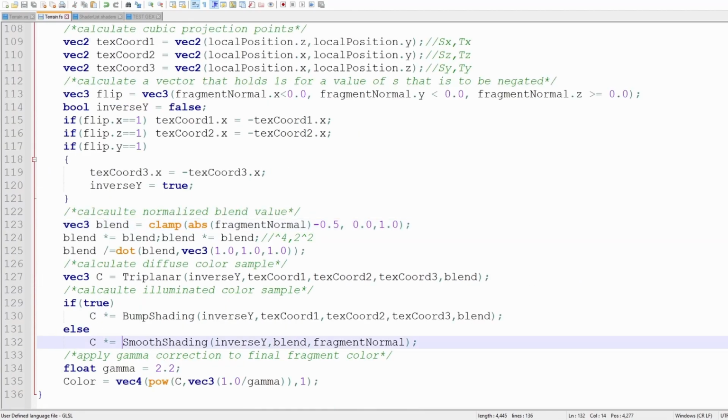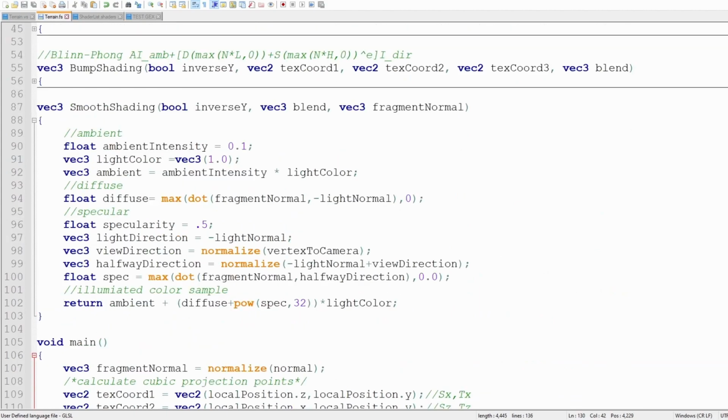So first we're going to look at smooth shading, since this is the base of the bump shading, which uses the texture mapped normal samples. And the code for smooth shading is right here. As I said, it's just blend Phong, and this is the blend Phong equation in case you needed it again. So to begin, we calculate the ambient by the light color and the ambient intensity.